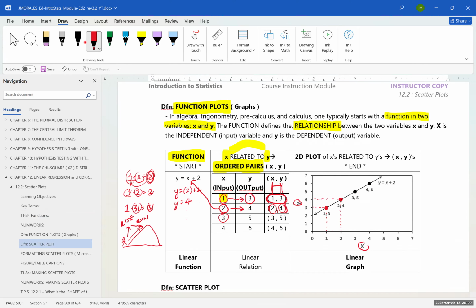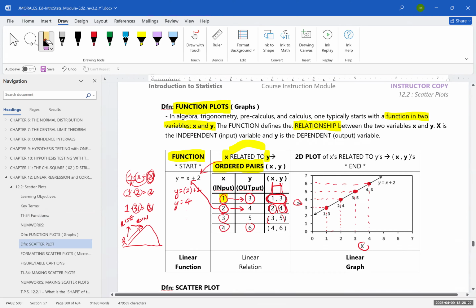If we do that again with 3, we'll get the point 3, 5. So 3 on the x, 5 on the y. If we put in 4 for x, then we get 6 on the y. So you can see we're coming up with these ordered pairs based off of the function that we started with.